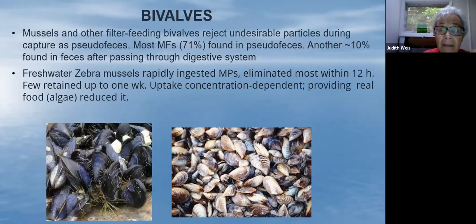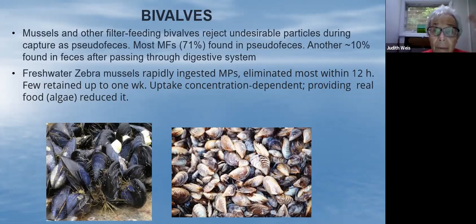Looking at bivalves like mussels and clams, these are selective feeders. They're filter feeders, but they don't swallow everything that their filter catches. They are able to reject things they don't want as they're capturing it. That stuff that's rejected is referred to as pseudo-feces. It's not true feces, not poop.